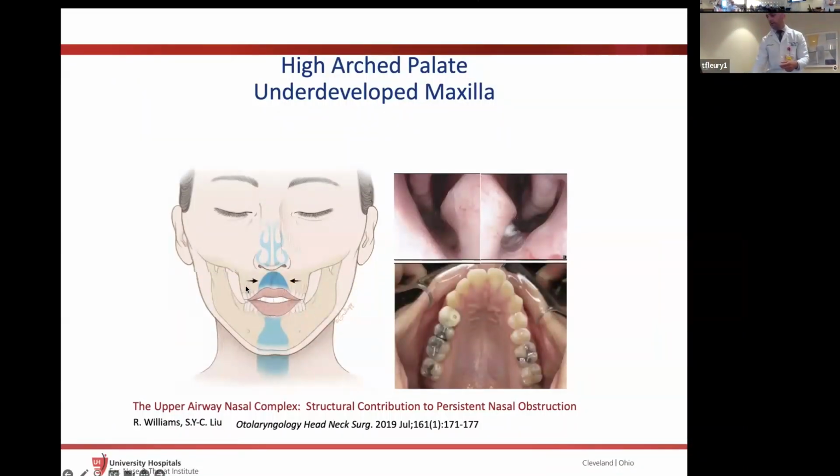So a high arch palate with diminished distances from canine and molars will reflect on a mouth that you don't have enough space for tongue, but you also expect not to have significant cross-sectional areas. So this is also being established as one of the variations in anatomy that can correlate with sleep apnea.